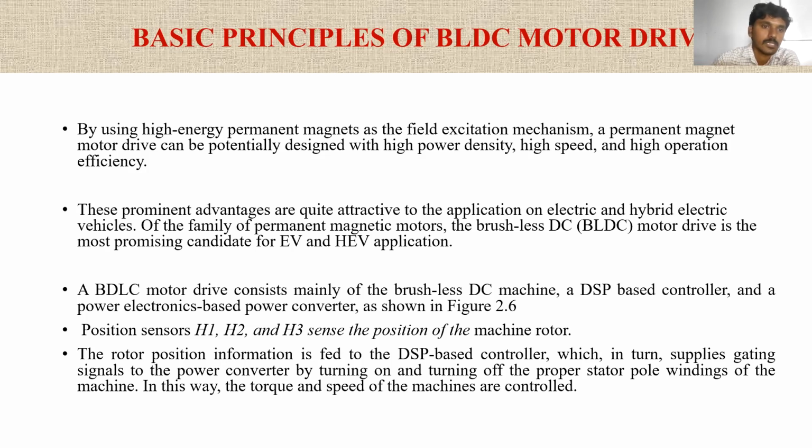The efficiency of the motors can also be increased because the losses are decreased. If the losses are decreased, obviously the efficiency will be increased. At the same time, the power density is also high compared with the other mechanisms. These prominent advantages are quite attractive for application in electric and hybrid electric vehicles.